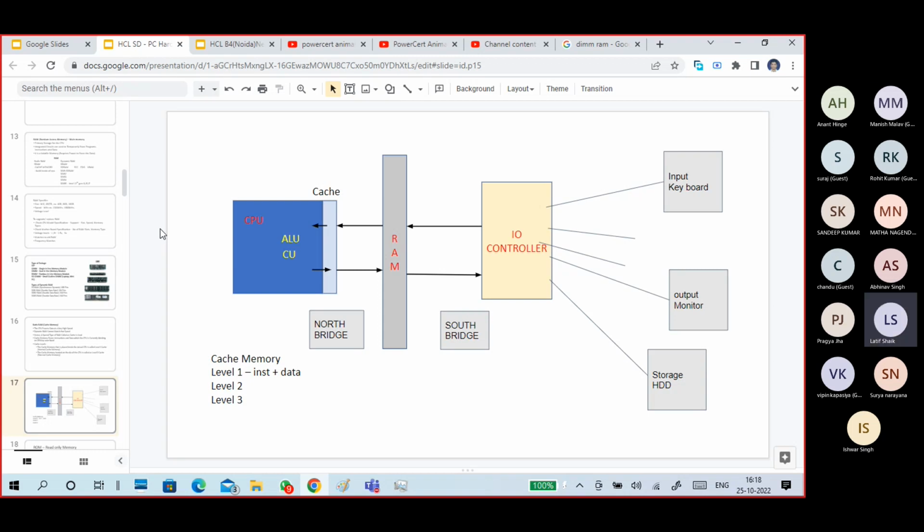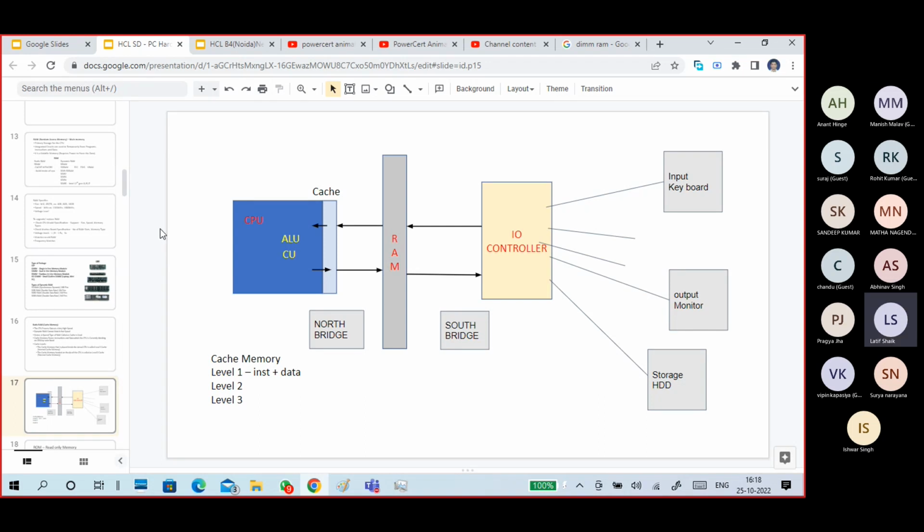The I/O controller defines what the devices are, where they are located, where they are connected, to maintain the entire memory control and design the priorities also. Whenever the I/O controller receives instruction and data, it gives it to RAM, RAM gives it to cache memory to CPU. CPU processes it and gives it to cache, cache to RAM, RAM to I/O controller.